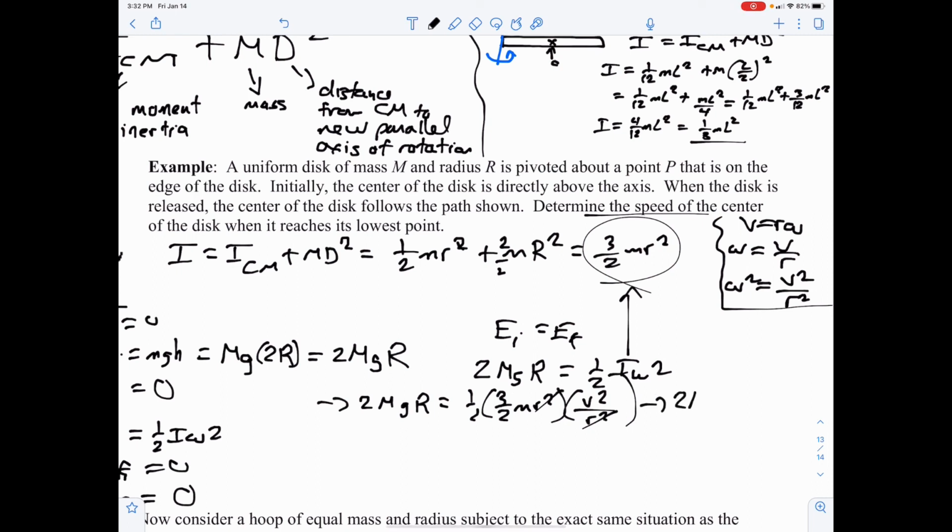Okay, in which case 2mgr equals 3/4 mv squared. Masses cancel, multiply both sides by 4/3, and we get v squared equals 8/3 gr, and just take the square root of that.